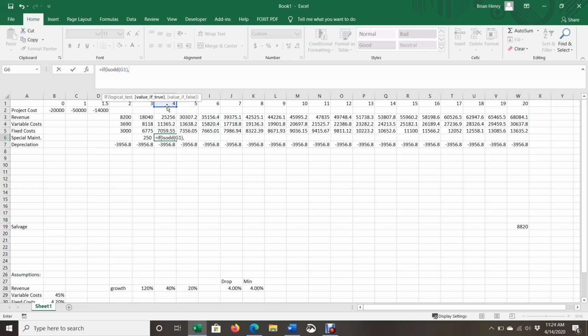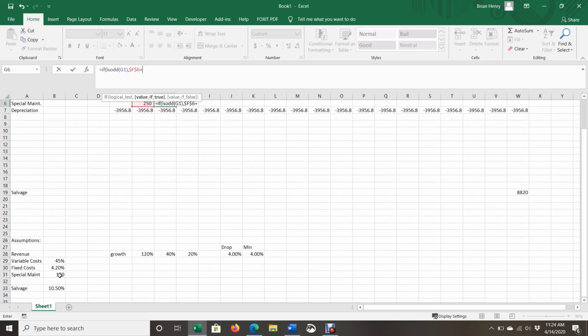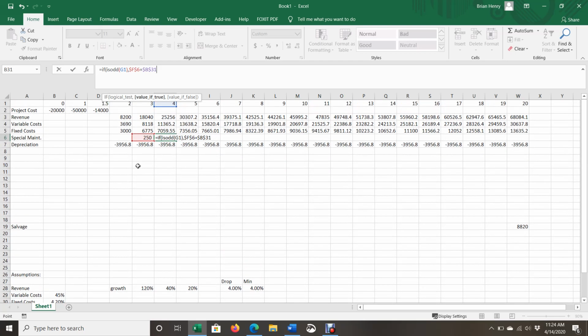But when it is odd, we want 250,000 plus 150,000 times the number of times we've done this, which is going to be times this minus number of years past 3 divided by 2, right?